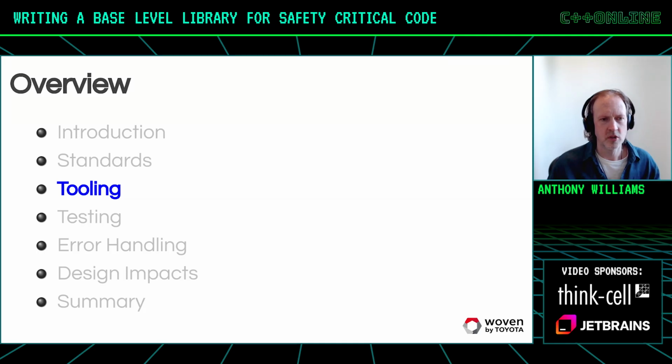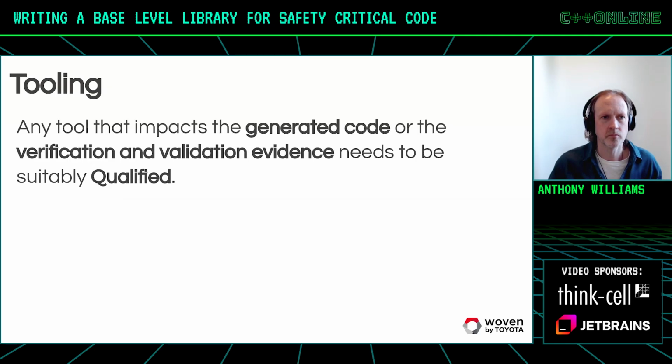Okay. So on to tooling. We can't just use anything when you're writing your code. You have to think carefully about what the consequences are. And so anything that affects the generated code or your verification and validation needs to be suitably qualified. So we can't just say, oh, well, we're going to use the latest version of GCC or Clang, because off the shelf, it hasn't been qualified.